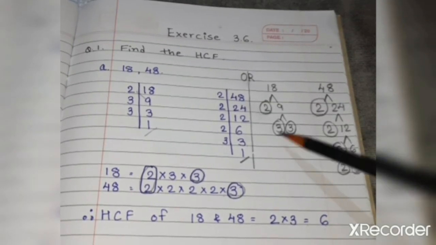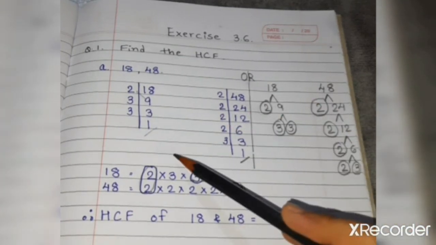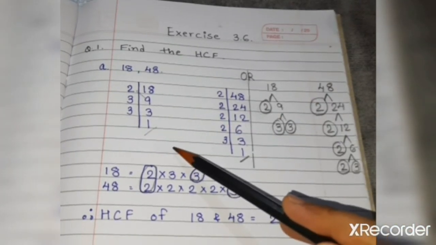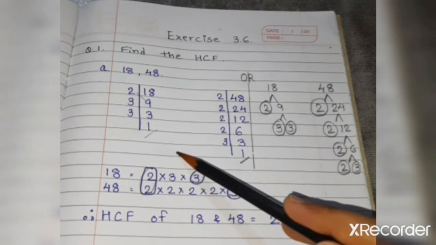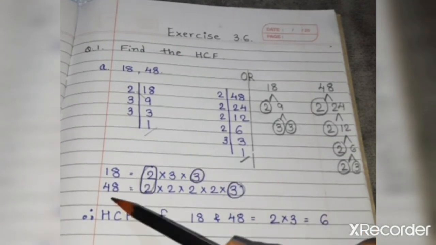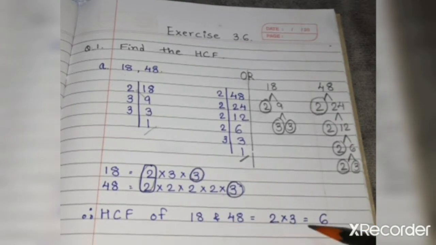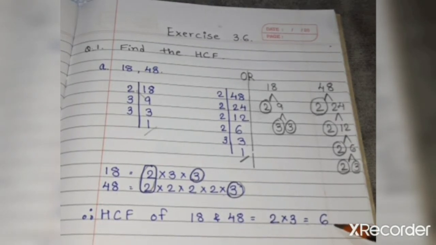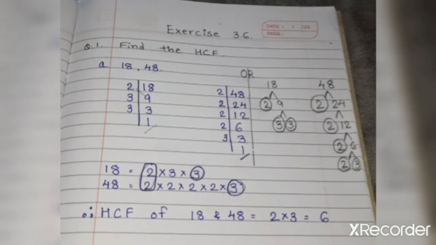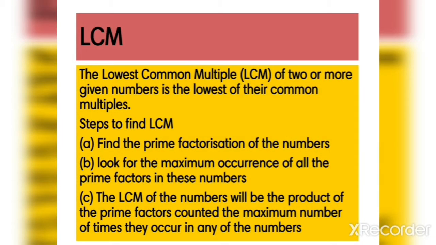First draw a factor tree, or if you wish follow the division method. Get the prime factorization of the numbers and then find the common factors and multiply them to get the final answer. We have learned about the highest common factor, HCF.